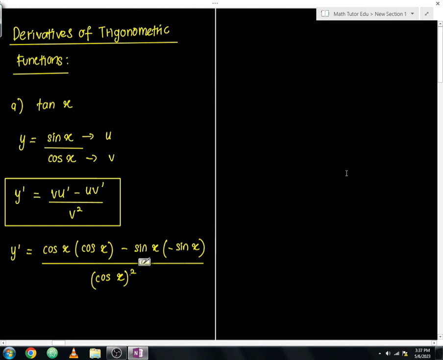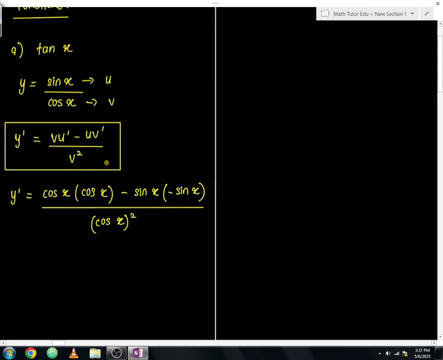Okay, so from here let us perform the expansion. y prime is equal to cos x times cos x, which is cos square x. Negative sine x times negative sine x, you get positive sine square x. And then you divide by cos square x. So this cos square x and sine square x, we can actually simplify using the basic trigonometric identity.